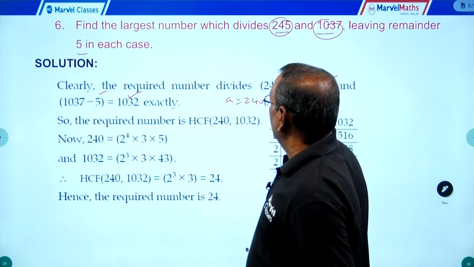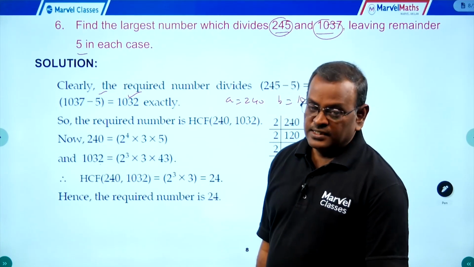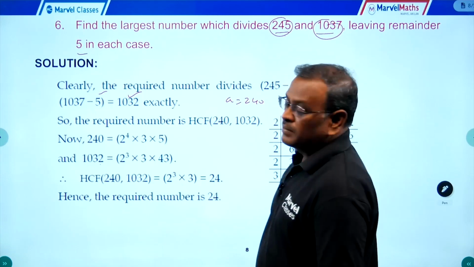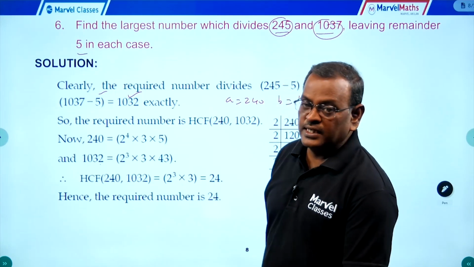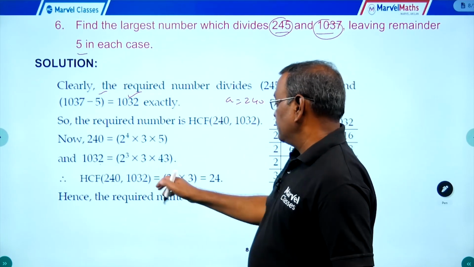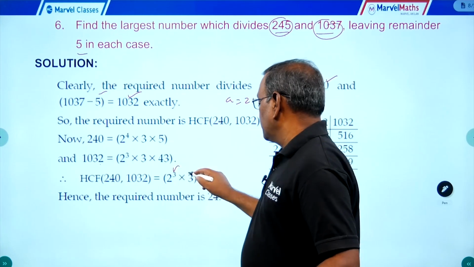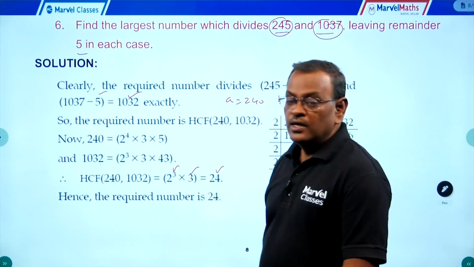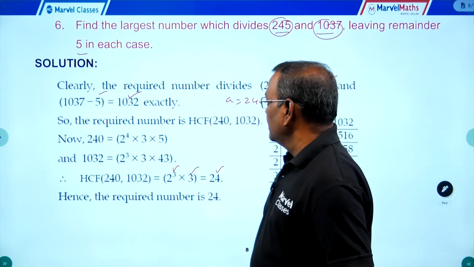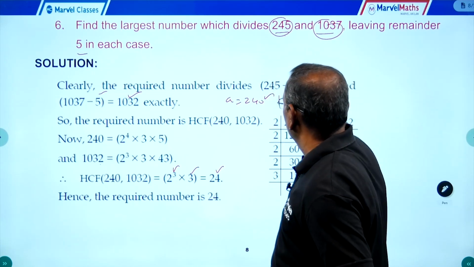The question is largest number, which is nothing but the HCF. Hence the required number is the HCF of A and B. The common factors are 2 cube and 3, which equals 24. So 24 is the required number which divides 240 and 1032.